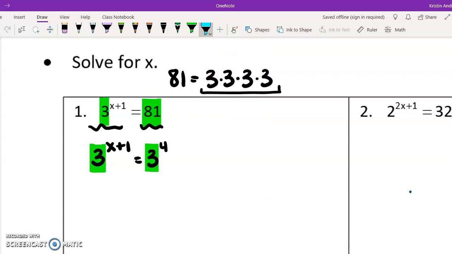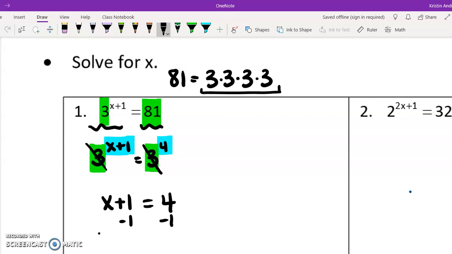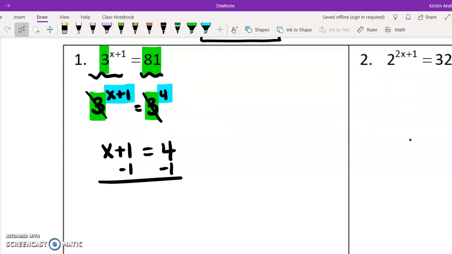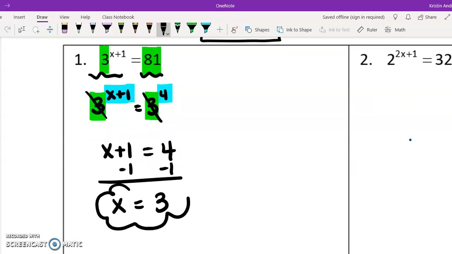So if you say 3 to the x plus 1 power is equal to 3 to the 4th power, then your x plus 1 has to equal 4. At this point, it's almost like you can just cancel out your bases and say x plus 1 is equal to 4, and then solve that equation for x. And you just get x equals 3.